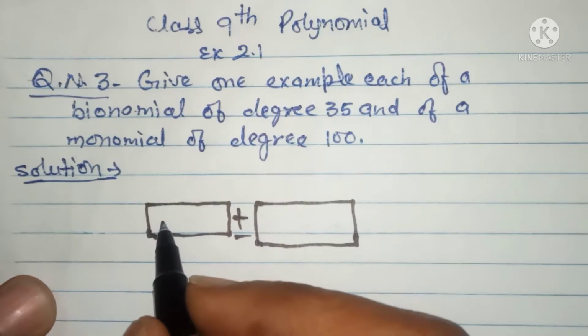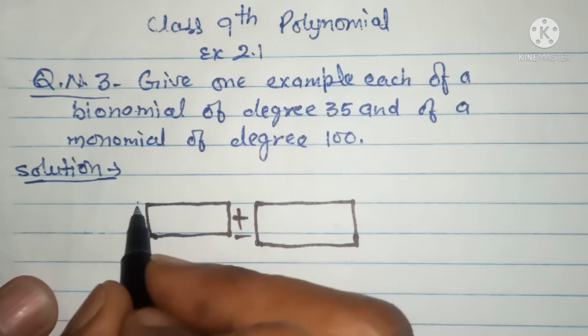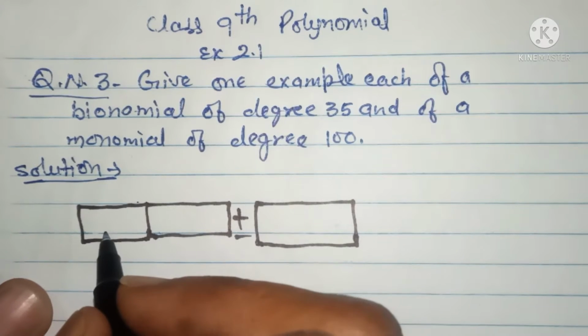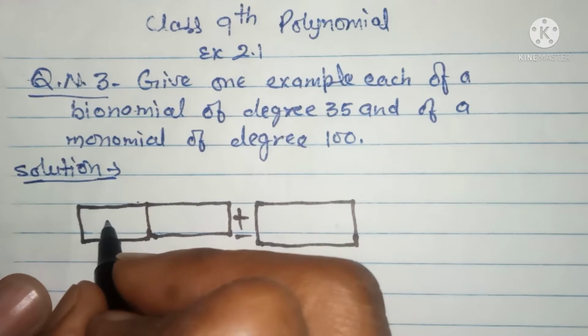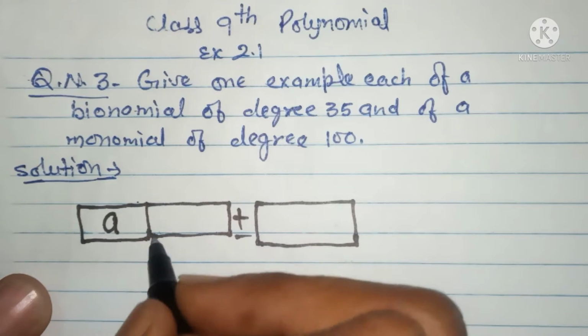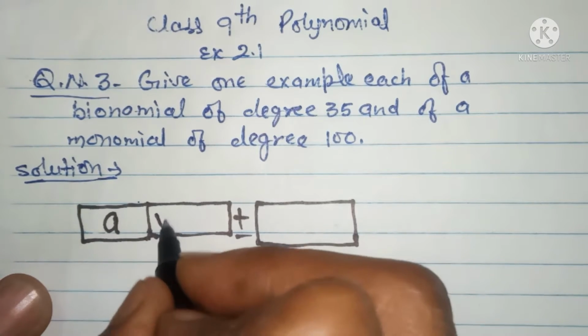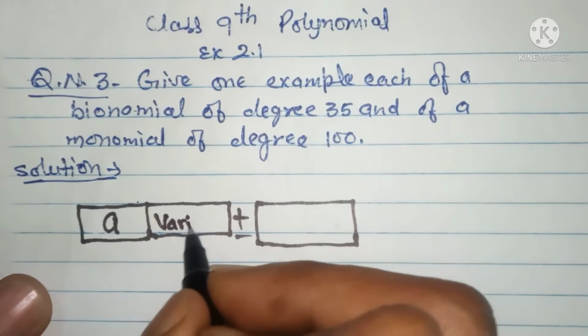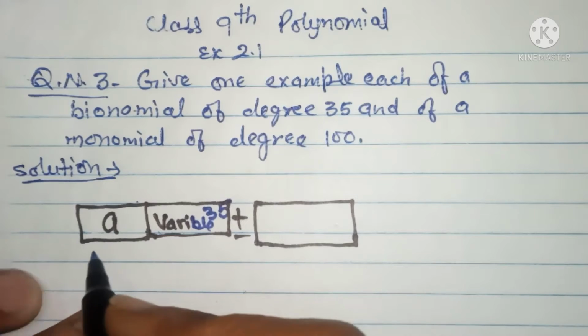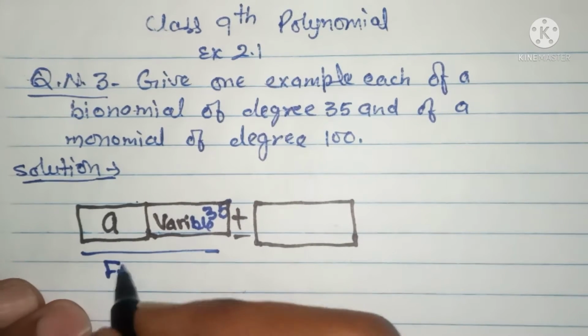Here in the standard form we can write it. The first term has its two parts. First part is for its coefficient. Let me take it a, and the second part is for a variable and its power as 35. This will be our first term.